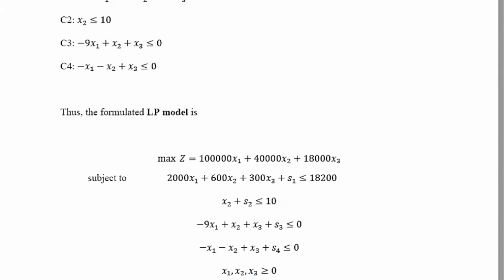Thus, the formulated LP model in this problem is max Z equals 100,000 X1 plus 40,000 X2 plus 18,000 X3, subject to 2,000 X1 plus 600 X2 plus 300 X3 is less than or equal to 18,200; X2 is less than or equal to 10; negative 9X1 plus X2 plus X3 is less than or equal to 0; negative X1 minus X2 plus X3 is less than or equal to 0.